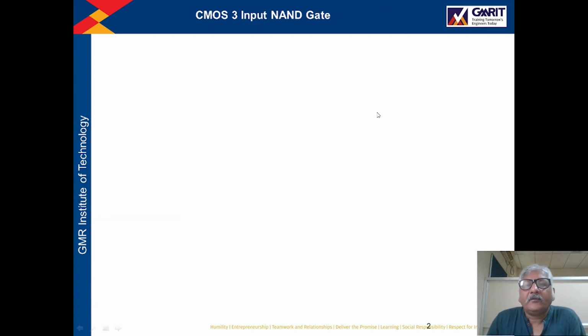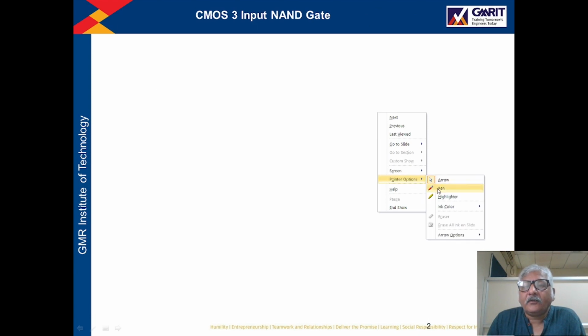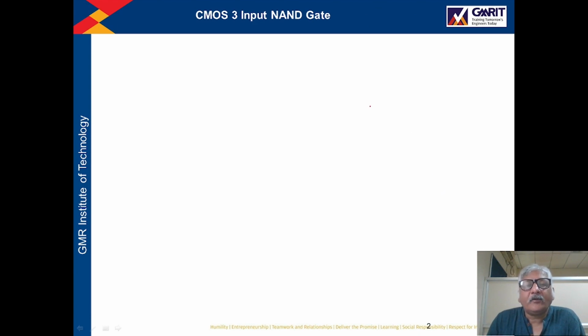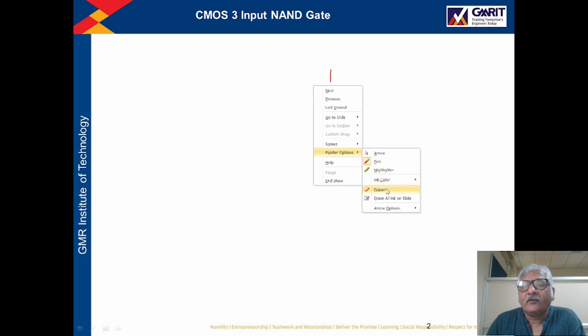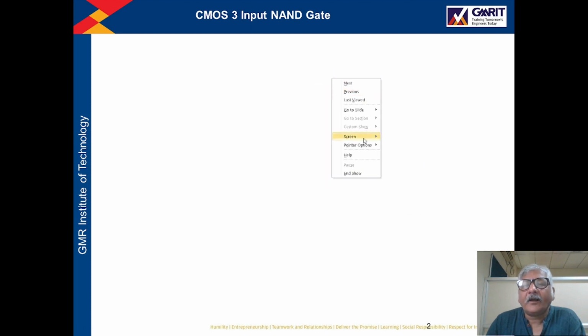Okay, so the 3-input CMOS NAND gate has 3 PMOS and 3 NMOS, and the connections are like this. Okay, I will use a black pen.